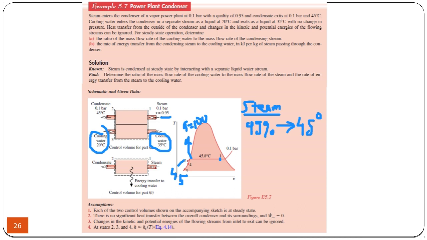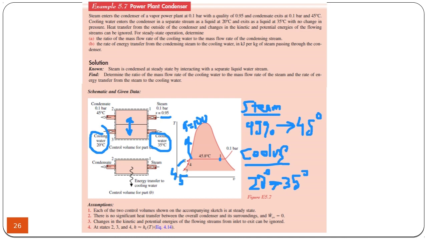However, the cooling water gets in at 20 Celsius and goes out at 35 Celsius. It's logical to think that the heat exchange between them should be equal to each other. This is very reasonable to see, but we're going to do this by using the energy equation.